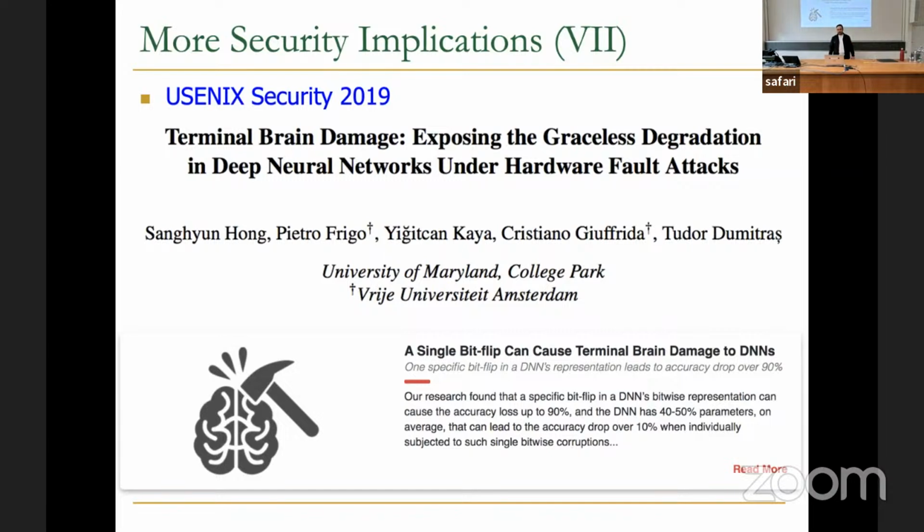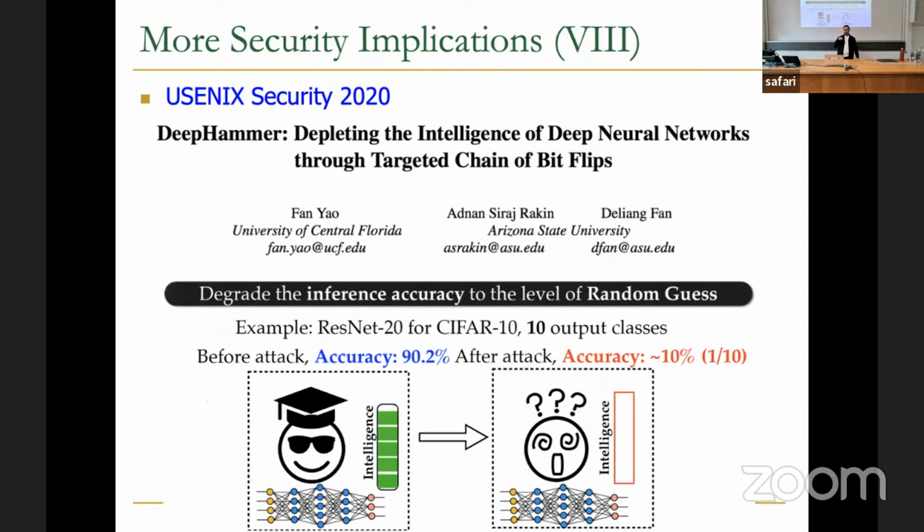And then they come and say that I can flip bits inside the weights of your DNN, and then I can reduce your DNN's accuracy from 90% to 10%, so that it's pretty much useless. If you're using this DNN to self-drive your car, for example, then you can misdetect a pedestrian as if it's not there, and then you can hit them, for example. There are significant safety issues that you can guess here.